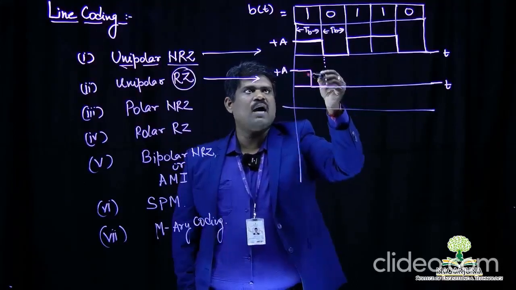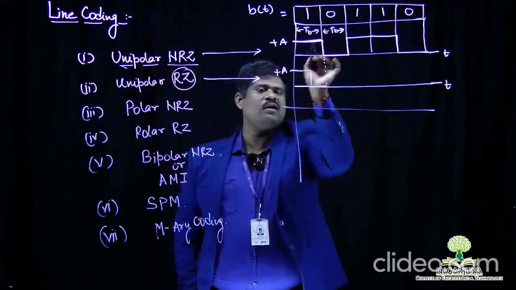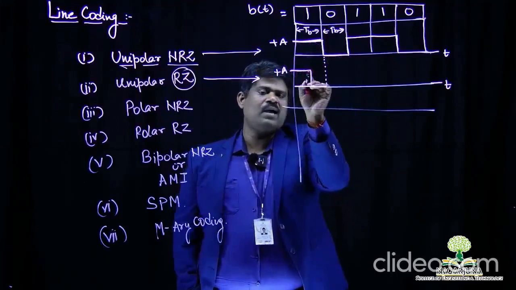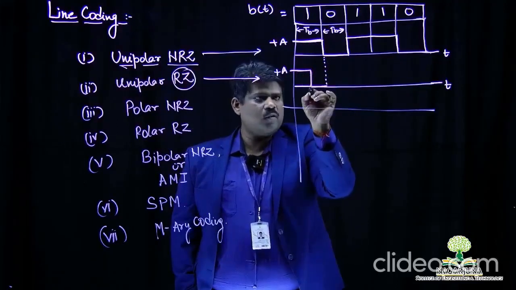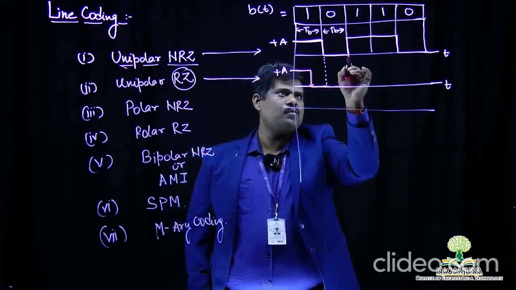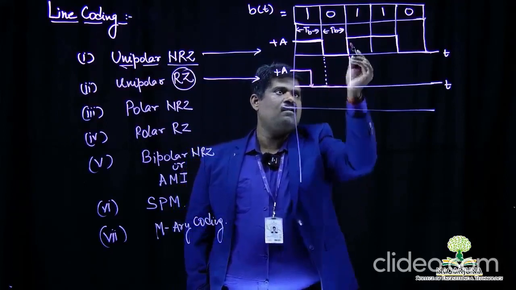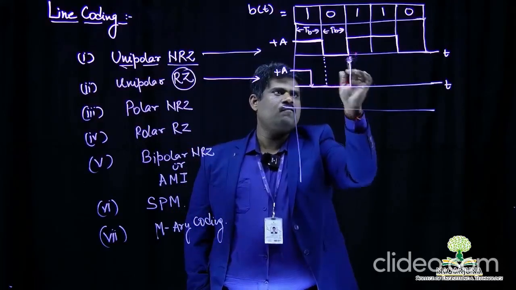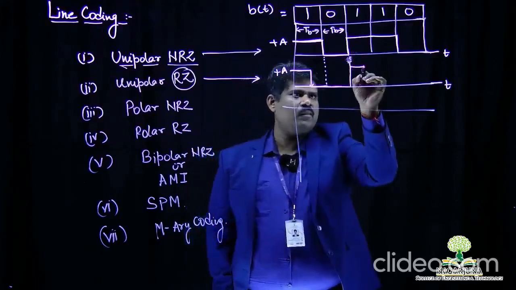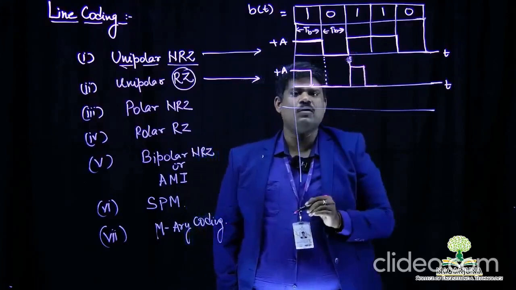This is the difference between RZ and NRZ. In NRZ, for the whole bit interval the pulse will be high. In RZ, half of the bit interval will be high, and for the remaining half the pulse will return to 0. For a 0 symbol, it will stay at 0 as it is. Again for 1, for half of the bit interval it will be high, and for the remaining half it will return to 0.